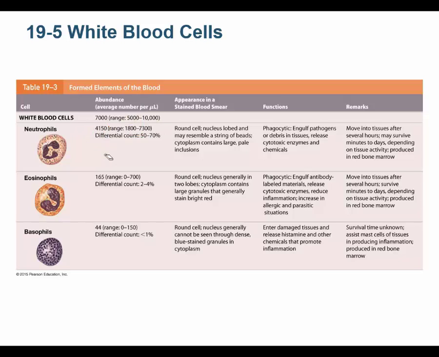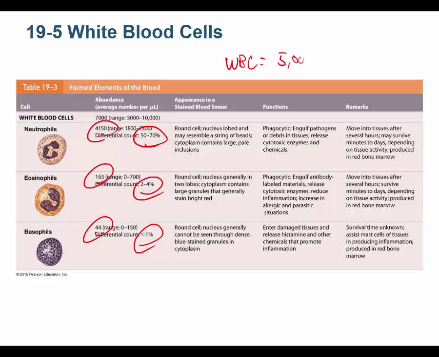You have to compare these relative counts, like saying 70% segs, 4% EOs, 1% basos, to the absolute count, 4,165.44. Because what could happen is your white blood cell count could be normal. It could equal 5,000 per microliter. Okay, that's a normal white blood cell count.